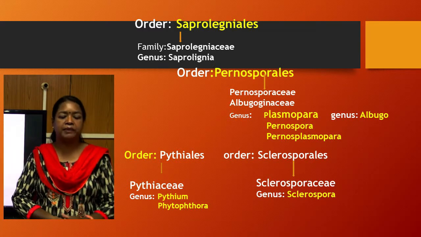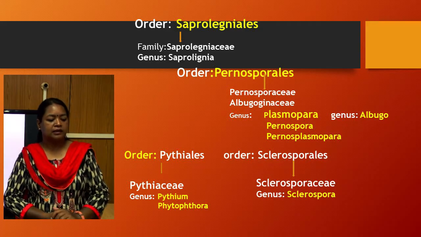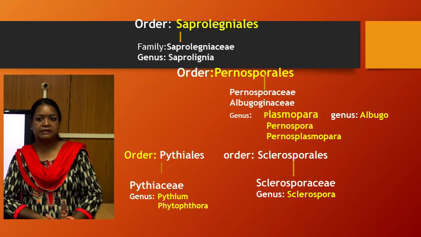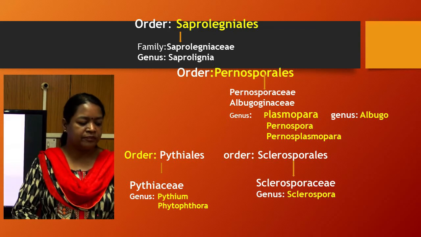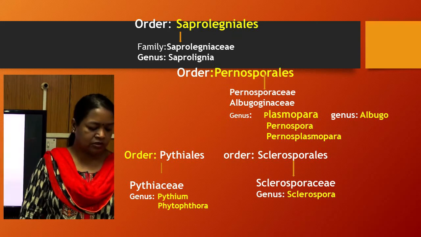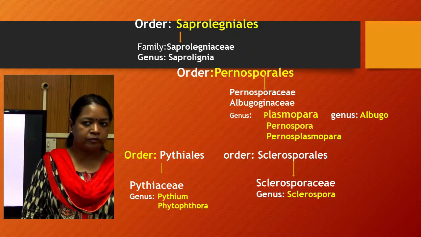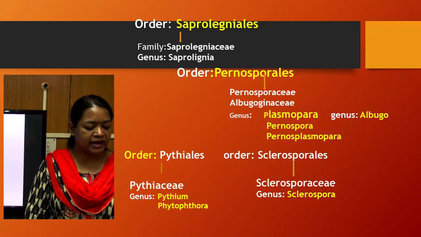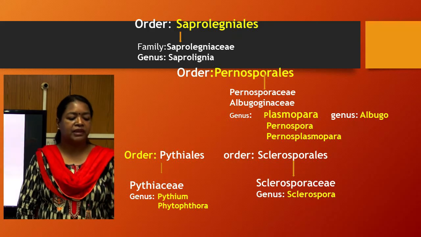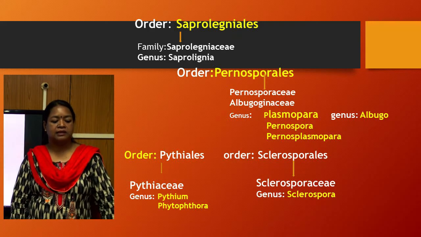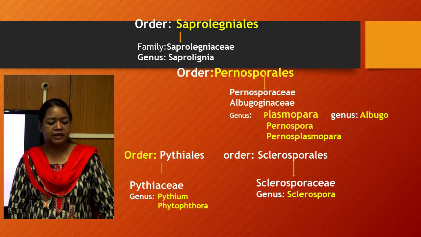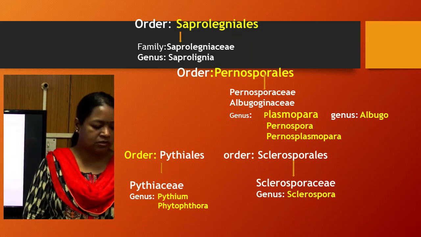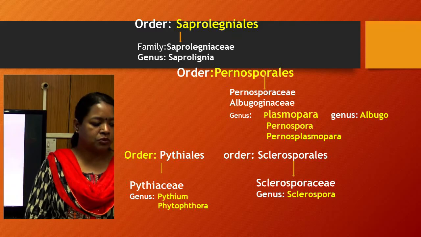In the order Pythiales, the two important genera are Pythium, which causes damping off of vegetables, and Phytophthora, which is the causal organism of late blight of potato or blight of castor. In the order Sclerosporales, the important genus is Sclerospora, which is also the causal organism of downy mildew of many host plants.